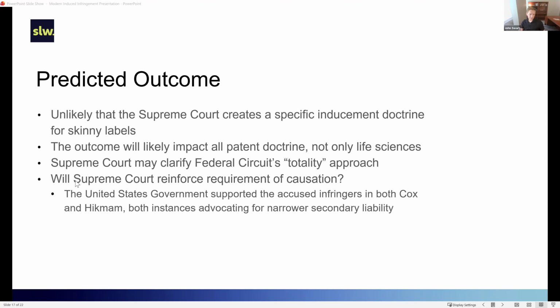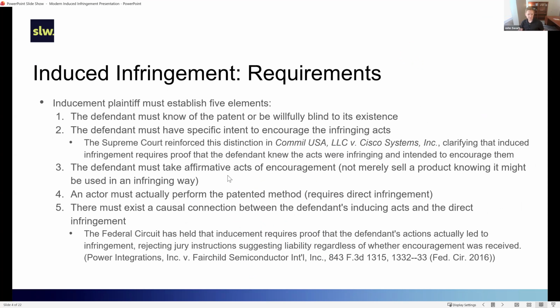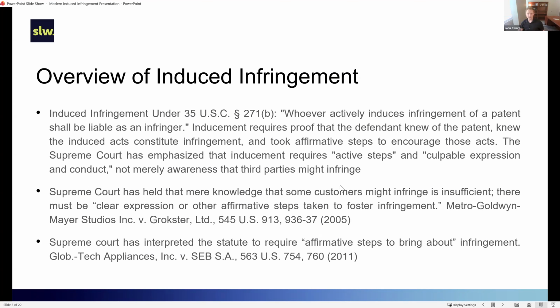So, will the Supreme Court reinforce their requirement of causation? If I go back to induced infringement, we've talked about in several cases that there needs to be something more than just knowledge.